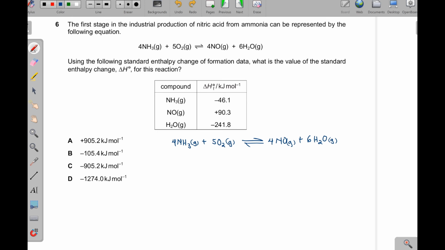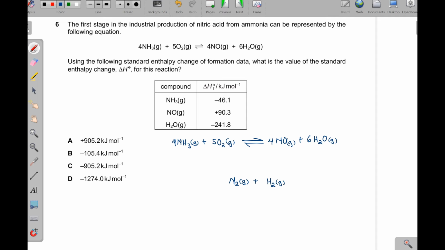Now we are going to have nitrogen. Nitrogen exists as a diatomic gaseous molecule. Then we have hydrogen, because we can see hydrogen in here. Even hydrogen exists as a diatomic molecule.